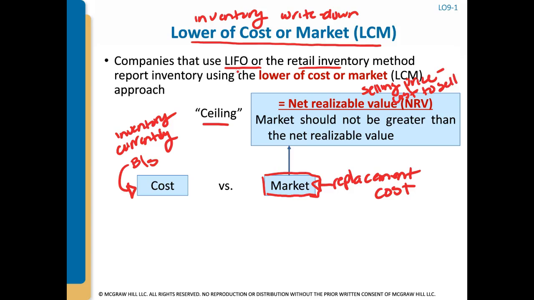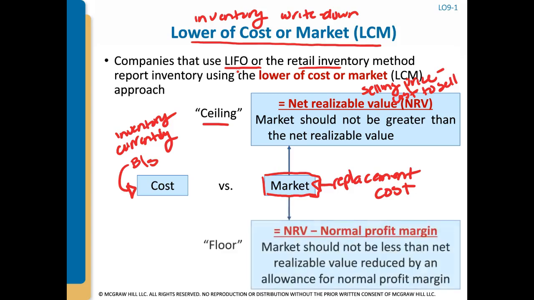So it's whatever you can sell that inventory item for minus any cost incurred to prepare that item to sell, whether it's transportation, disposal, assembly, anything getting an item ready to sell.